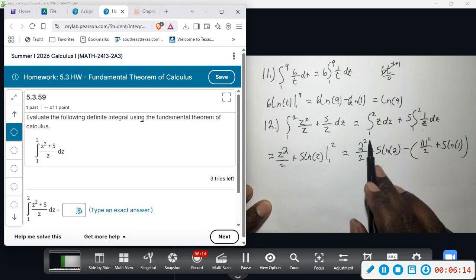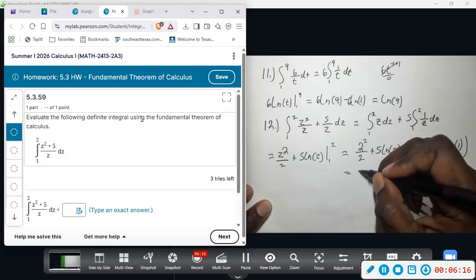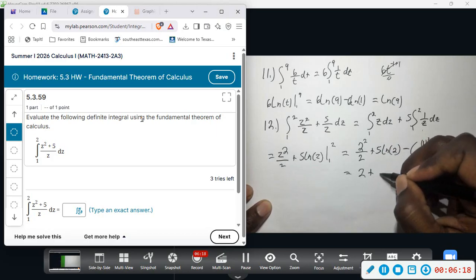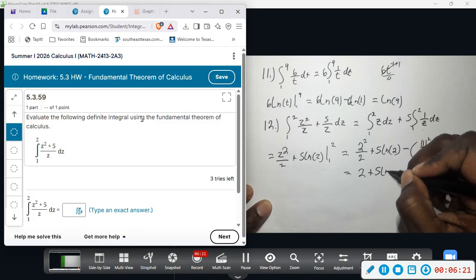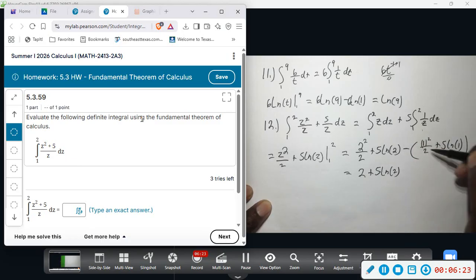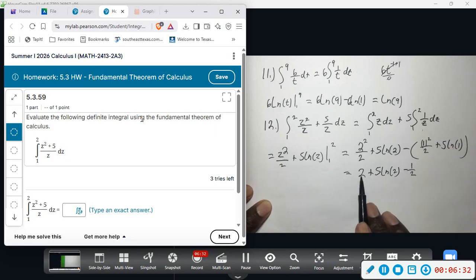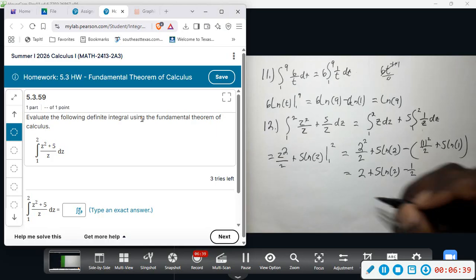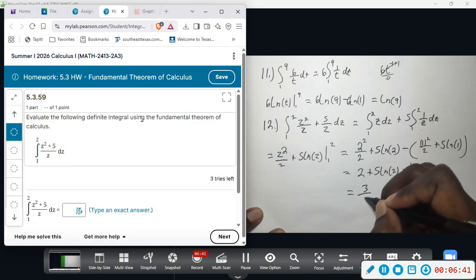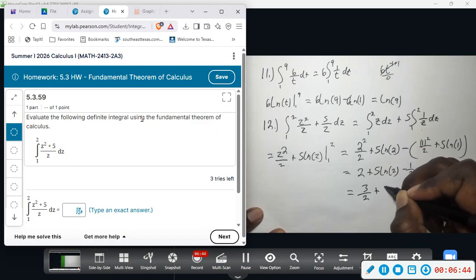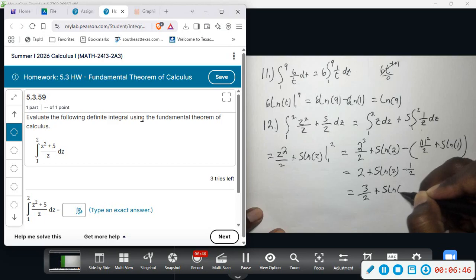All right, so 4 divided by 2 is 2, plus 5 ln of 2, and then this will be minus 1/2, and then ln of 1 is 0, so just minus 1/2. So the 2 and the 1/2 we can combine, and that will give me 1.5 or 3/2. So 3 over 2 plus 5 ln of 2.